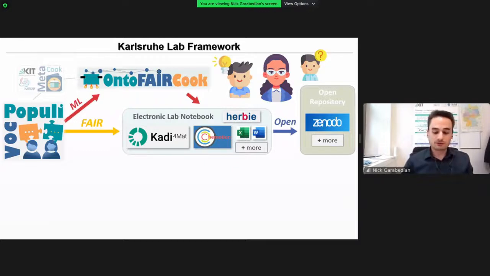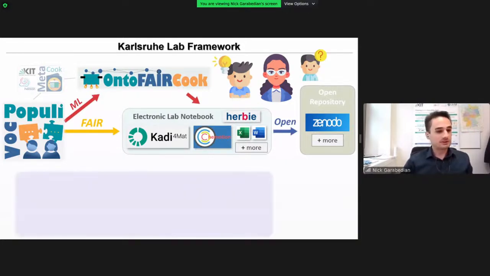So the vocabulary is really, once a scientific group gets together and puts their thoughts into organizing what they talk about on a daily basis in a structured manner, it's a game changer for the entire operations of the lab, and it makes things more efficient.